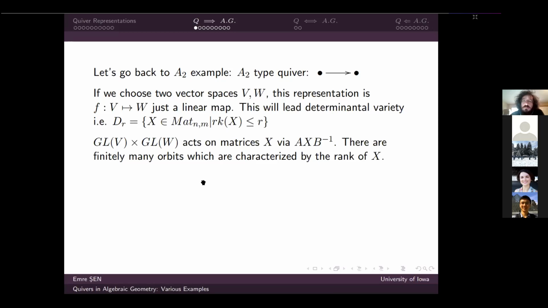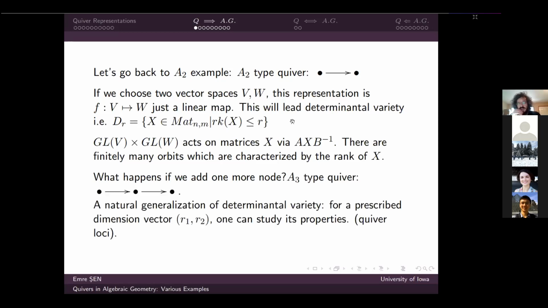Second, what happens if we add one more arrow here and put two rank conditions, and what kind of objects are we dealing with? And let's do the second one first. What happens if we add one more node?